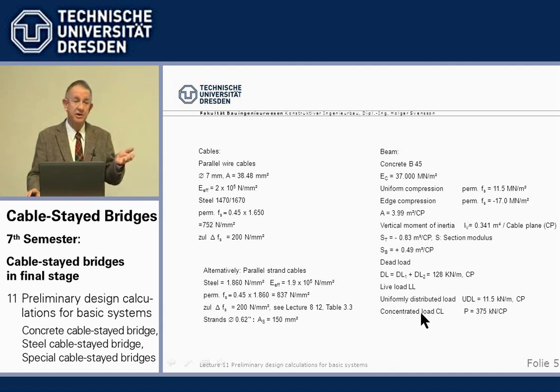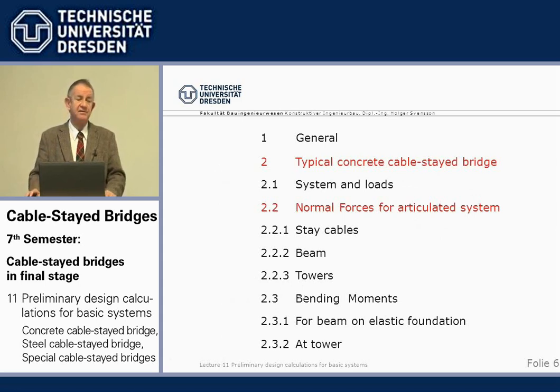The stresses we call in German sigma. In English it is always a small f. FC for concrete stress, FS for steel stress. Otherwise, it's very similar. I've done design calculations in English for many years, and that's the way you just do it. Otherwise, you don't understand.